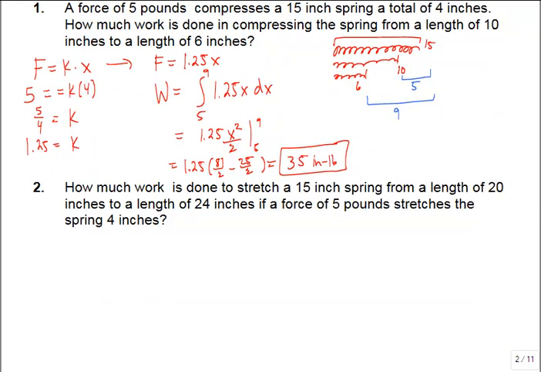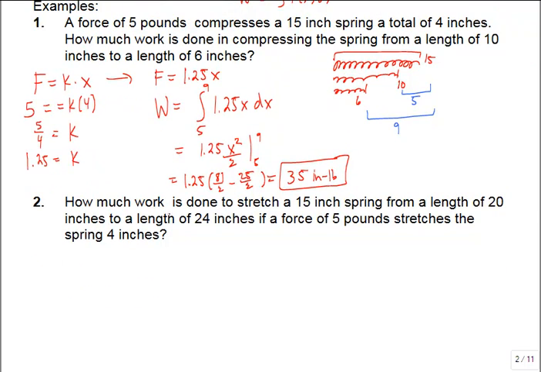Okay, so let's try another example. How much work is done to stretch a 15-inch spring from a length of 20 inches to a length of 24 inches if a force of 5 pounds stretches the spring 4 inches?